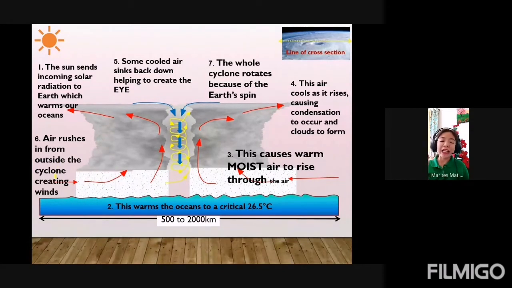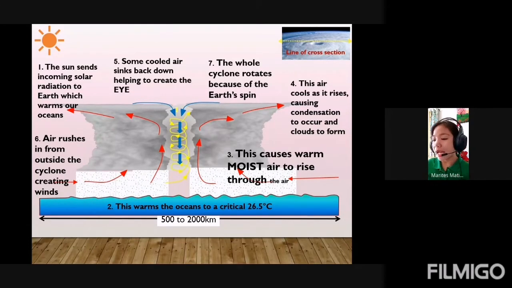So we will have wind shear. Then after that, the whole cyclone rotates because of the Earth's spin. So that's how a typhoon develops.